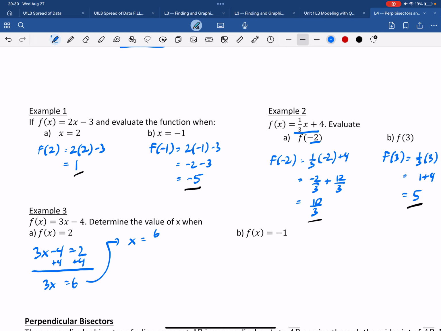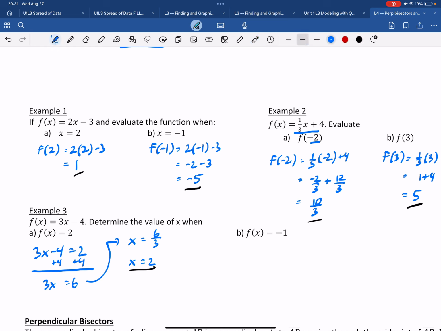So x is equal to 6 over 3. So x is 2. Okay? And then if we want, we can plug 2 back into the original equation and see if it gives us what we want. So if we take 3 times 2, that's 6, minus 4, does that equal 2? Yes.